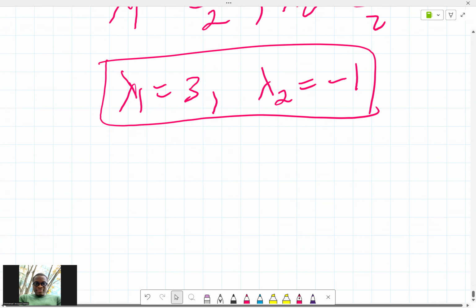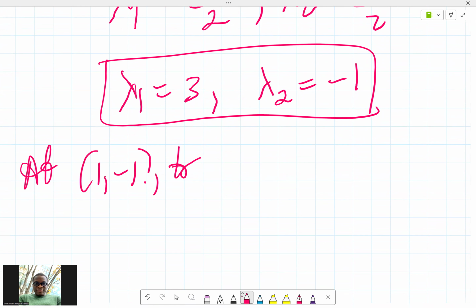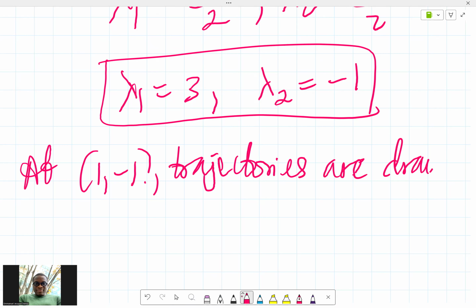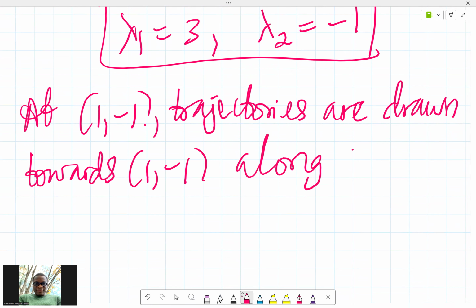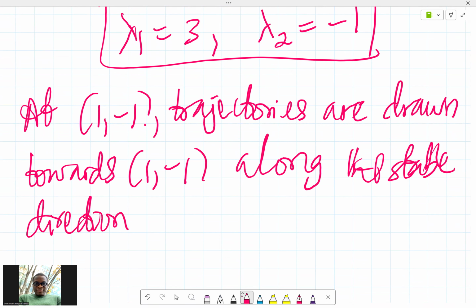So what do we say here? We say at 1 comma minus 1, trajectories are drawn towards 1 comma minus 1 along the stable direction, that is where we have lambda equal to minus 1.